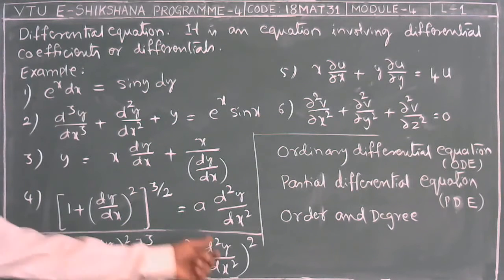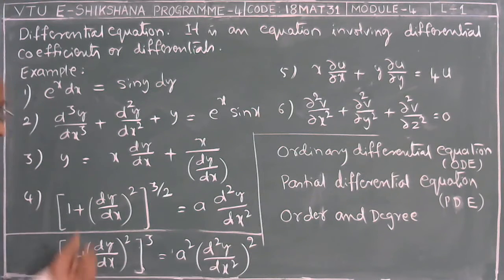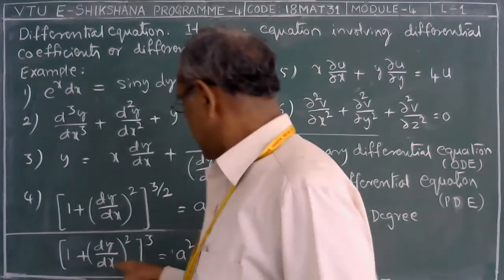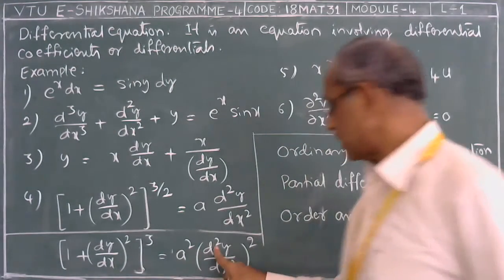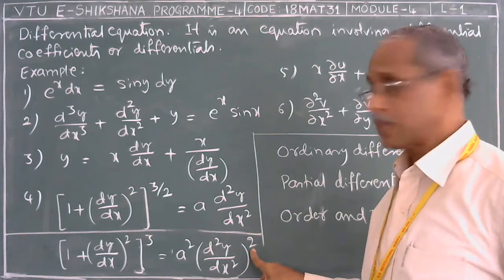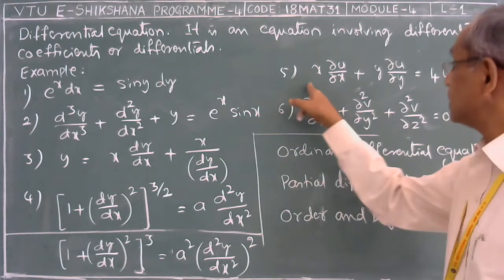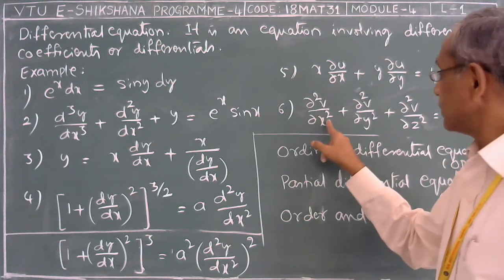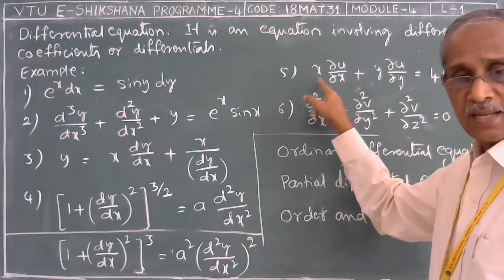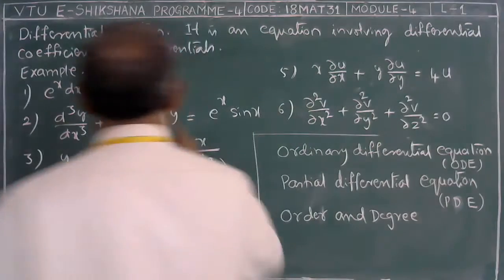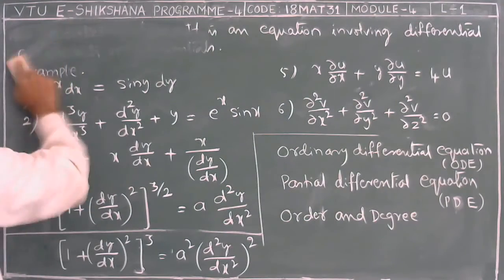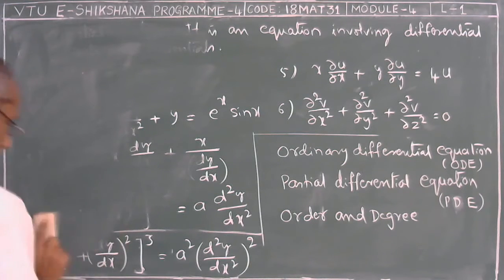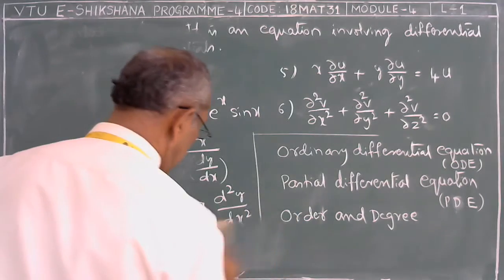So this is an ordinary differential equation of order 2 and degree 2. Example 5 is a partial differential equation of order 1 and degree 1. Example 6, partial differential equation of order 2 and degree 1. Having defined all this, let me define the general nth order ordinary differential equation.